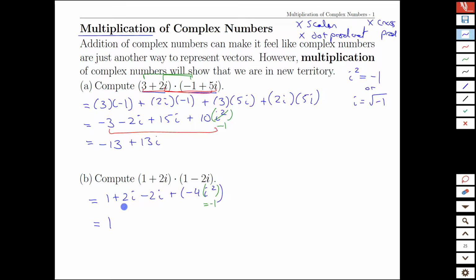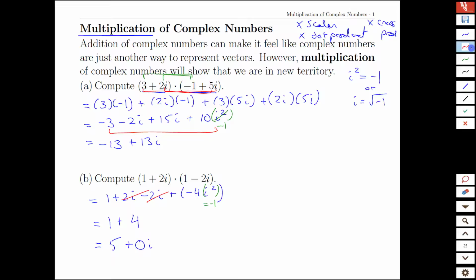We're going to have 1 plus, actually the 2i and negative 2i cancel each other perfectly, so they disappear, and we're going to be left with positive 4 with the double negative here. And so this just equals 5, and to represent it as a complex number, implicitly we can slide a 0i in there, though it's optional. So we have a product of two complex numbers that ends up being totally real, no imaginary component.